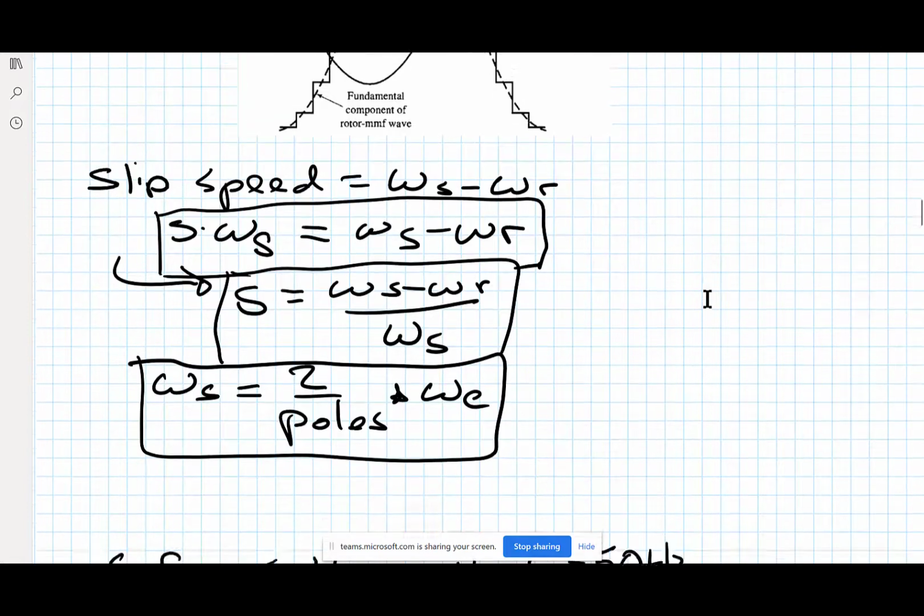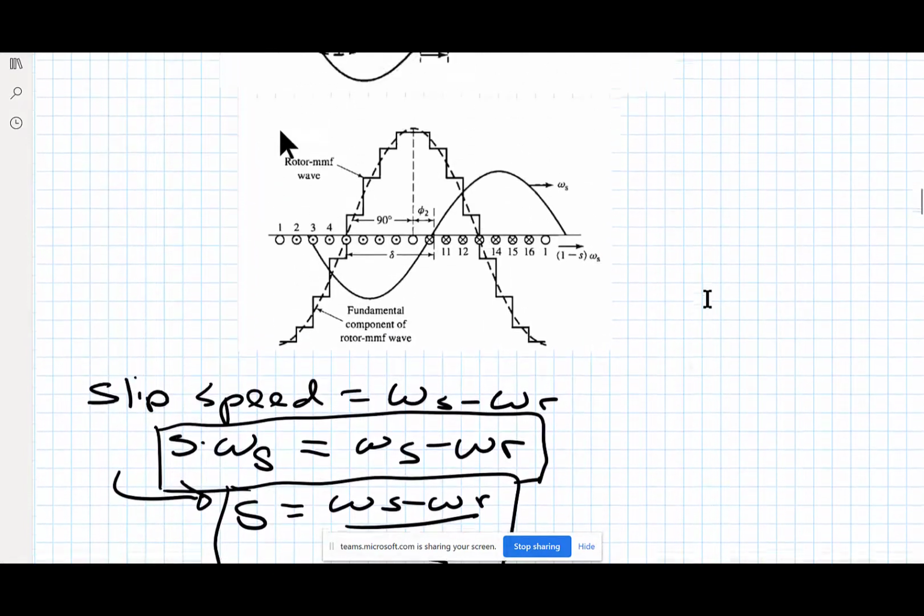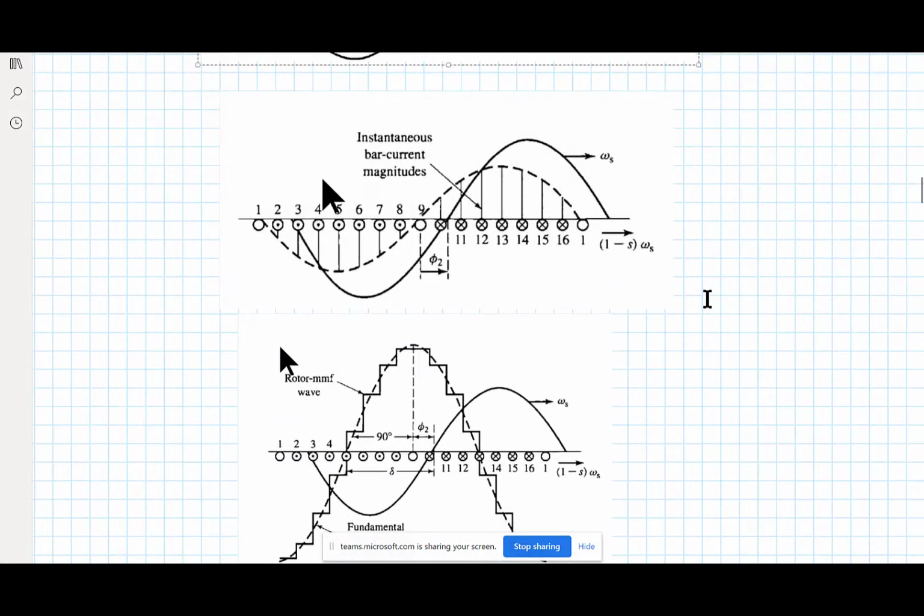So what we have here, first of all, is the flux. This thing right here is the flux that's moving because of the excitation of the three-phase stator windings, and it moves at the synchronous frequency, right?